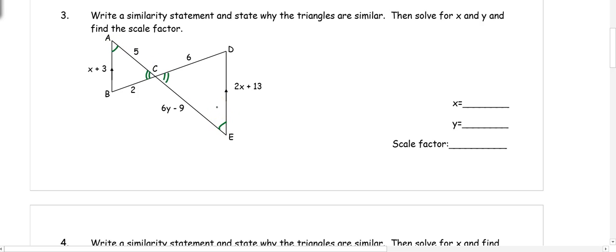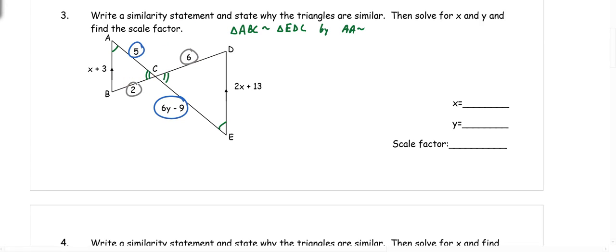You could also use angles B and D. So we would say that triangle ABC is similar to triangle EDC by angle-angle similarity. So again, in this case, I'm going to figure out which sides correspond. So 5 and 6y minus 9 correspond because they're on the same diagonal.